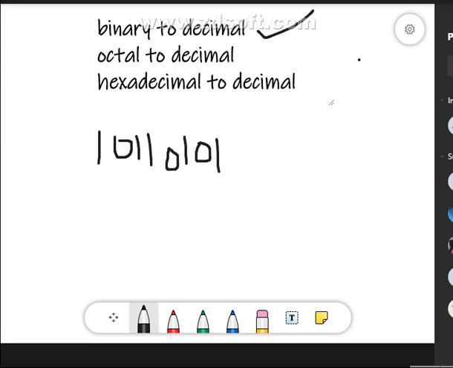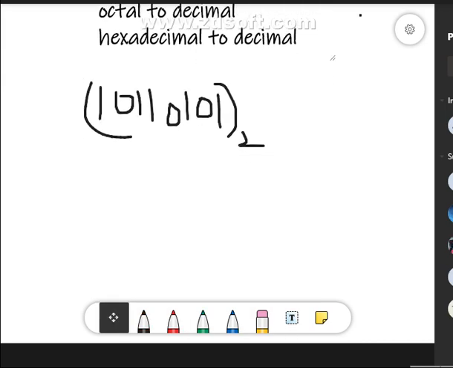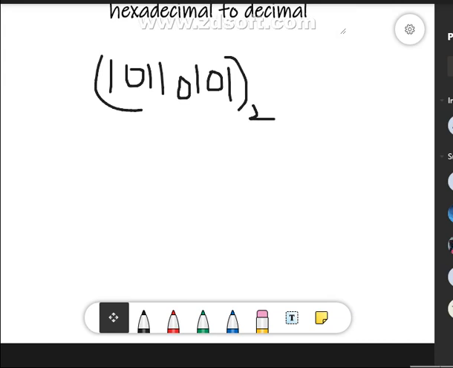This is the binary number. We have to represent it by using the radix 2. Then now let us see how we have to convert this binary number into the decimal number. From right side to the left side we have to keep the focus.